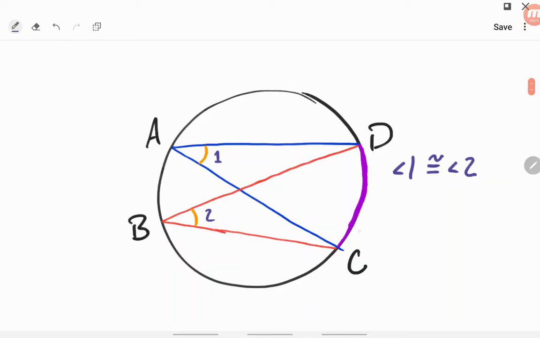Because they share that intercepted arc. For those of you who care, that is Theorem 10.8. If two inscribed angles share a common intercepted arc, then those two angles must be congruent.